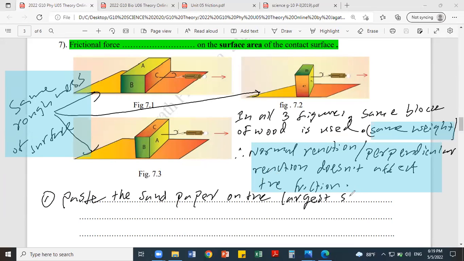Which one is that? In which one is the largest surface area in contact with the table? That is figure 7.1. Within brackets, write figure 7.1, the largest surface area in contact with the table. Place the sandpaper on the largest surface area in contact with the table.